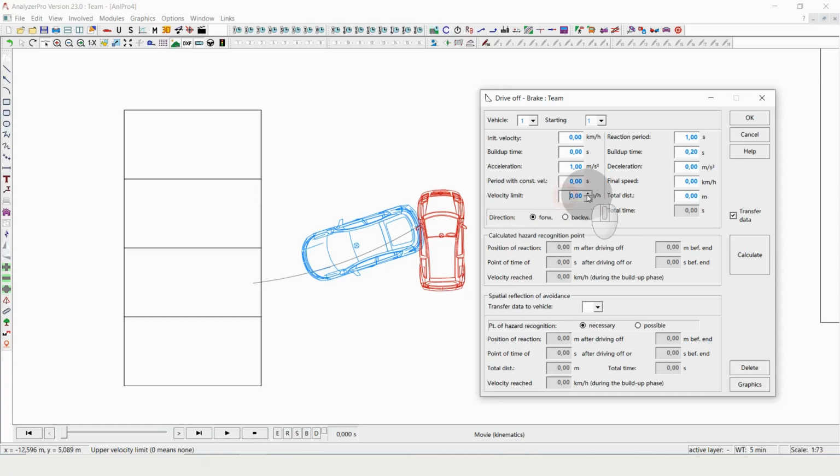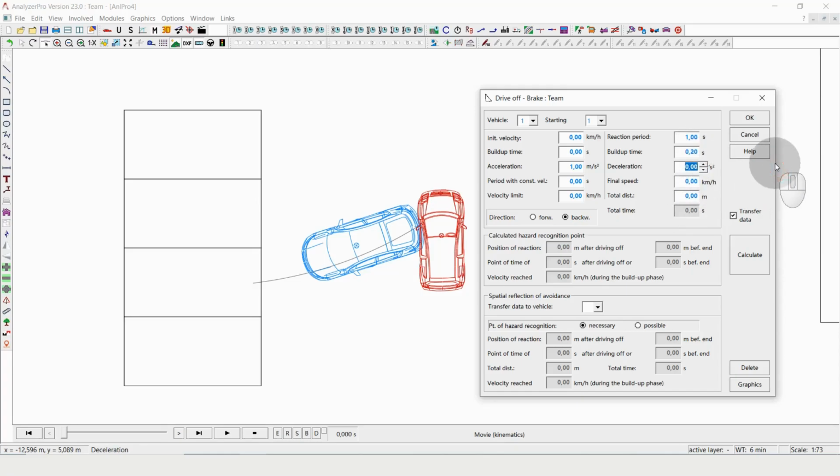Same goes for velocity limit. Do we know if the blue car just accelerated to a maximum velocity of, let's say, 10 km/h or not? Well, if we don't, we just leave it at 0. Driving direction is backward in that sense. Reaction time 1 second, build-up time 0.2. These are default values, they work pretty well for me.